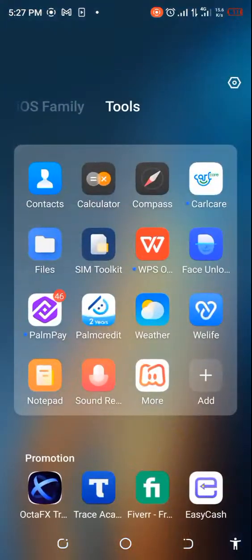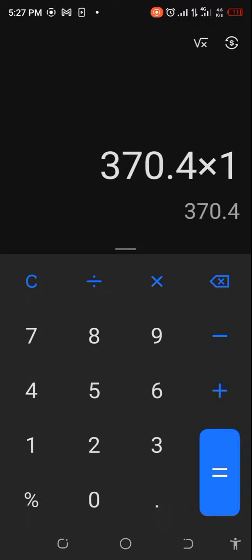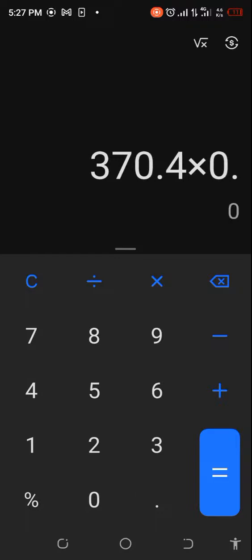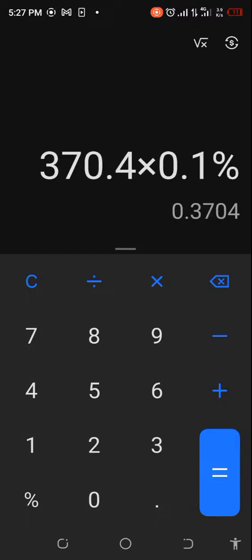Let's go and calculate what that is. It was actually, if you can remember, 370.4. If we take that times 0.1%, that's just 0.37. So you can see that 0.1% of 370.4 gives us 0.37 of a TRX.